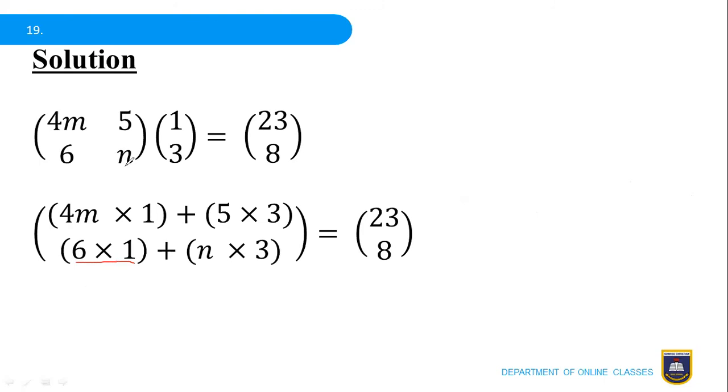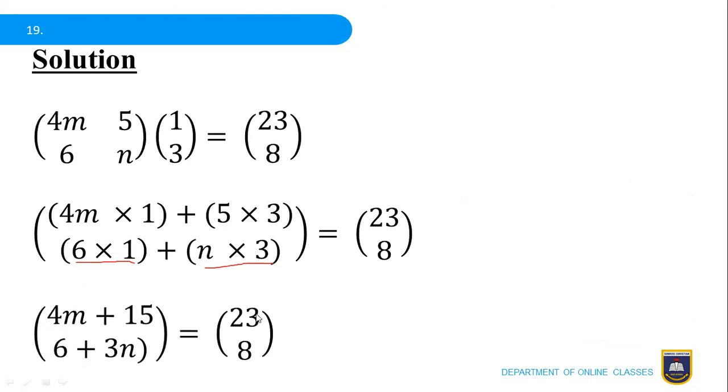Then n times 3 will also give us this expression. If you simplify both sides, you see that 4m times 1 will give you 4m plus 5 times 3 is also 15. 6 times 1 will give you 6, plus n times 3 is 3n, equal to the vector 23, 8.